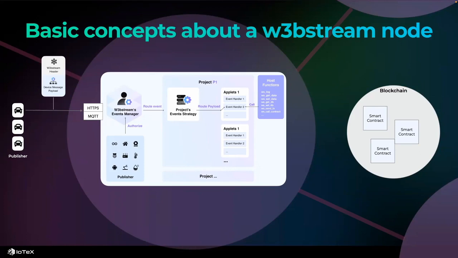And inside this message, we also want to include the recipient address where we want to send the rewards. So we are including the recipient address inside the message that's being sent by our smart device, so that the W3bstream node logic can take this message, count how many messages have been received.